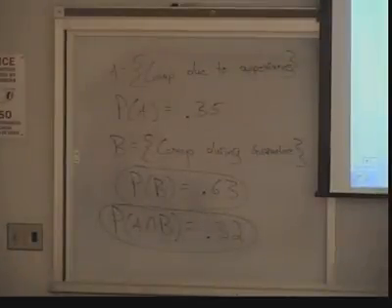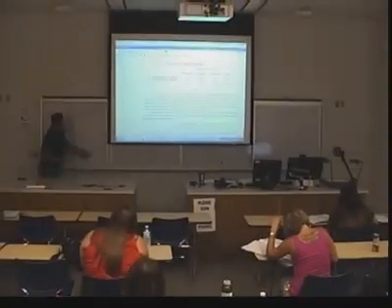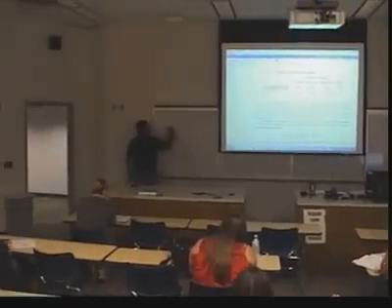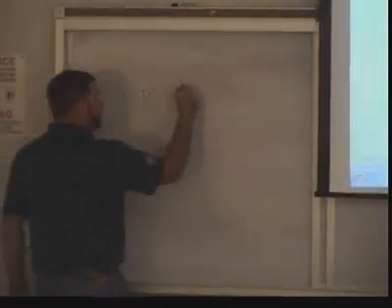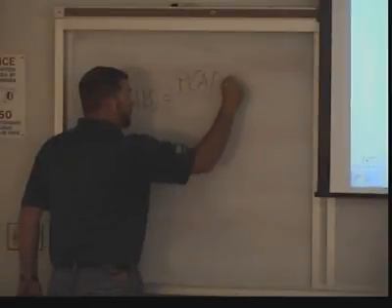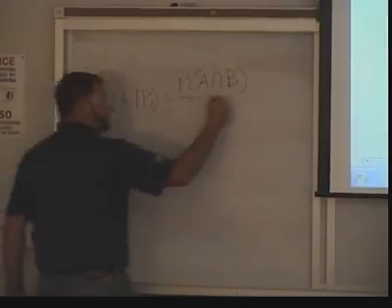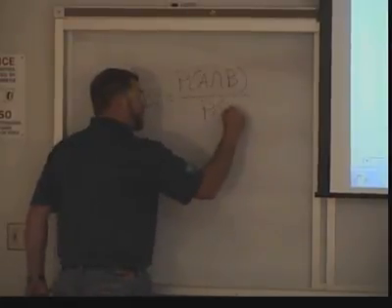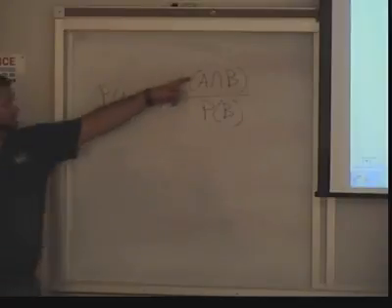Those are the two things from my formula that I just erased. According to the formula, the probability of A given B is always the intersection of these two events divided by the chances that the given event happens. We know both of these values. They were given to us over here.